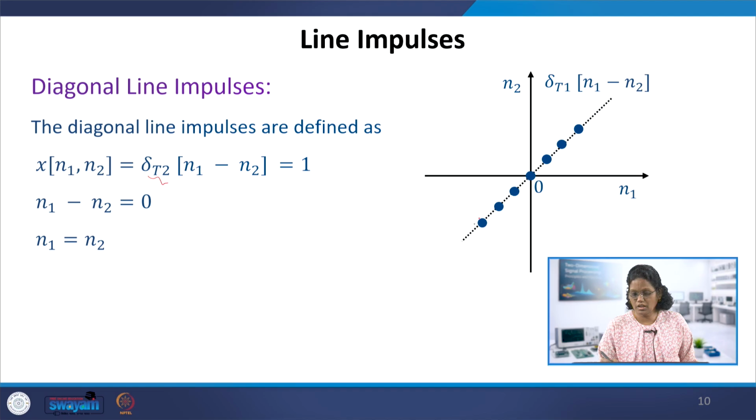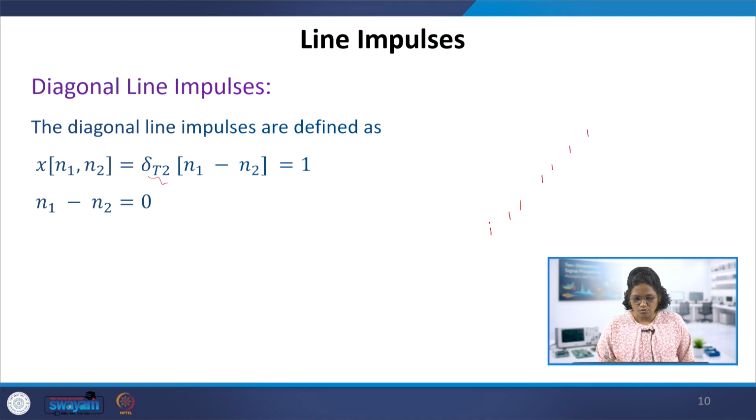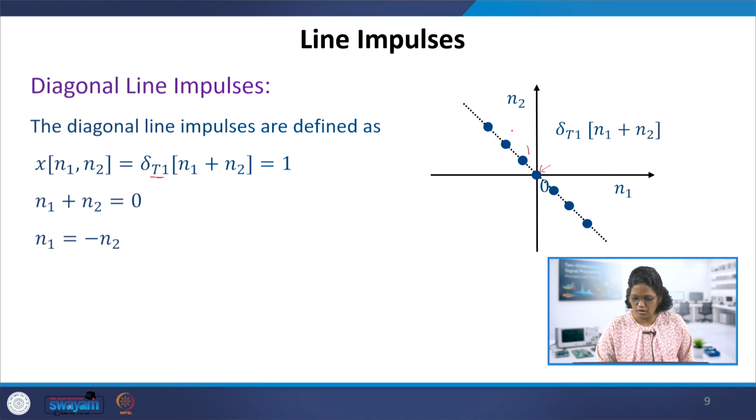These are the equal values for which it is valid, and that is also valid for negative indices, minus 1 and minus 1. So for all such n1, n2 values this is valid. So the diagonal impulse goes this way, and the slope is 1 here. What should be the amplitude of all these points? These are all ones here. Similarly, in the previous case also, these values are 1.